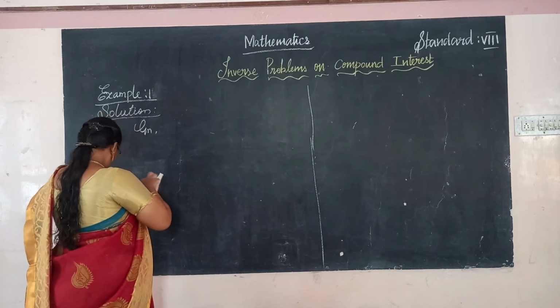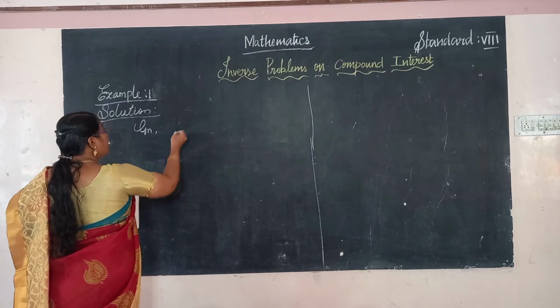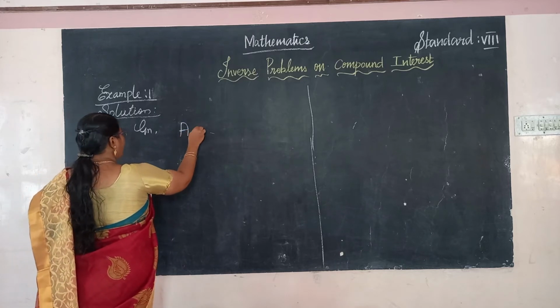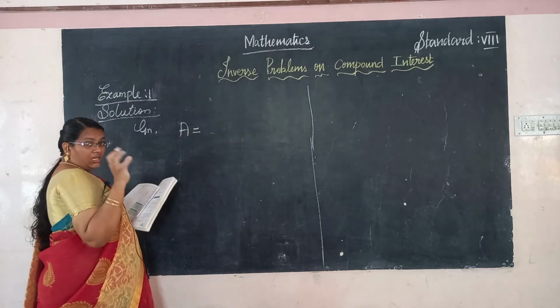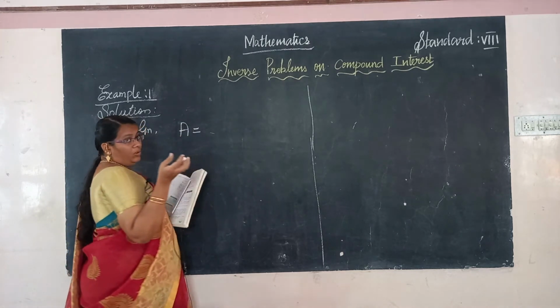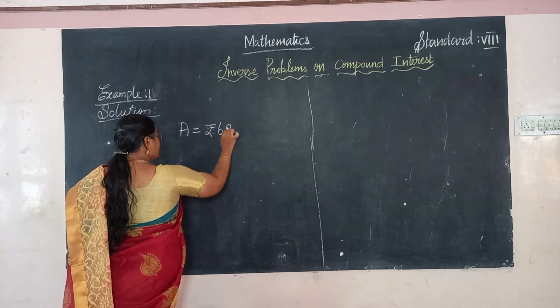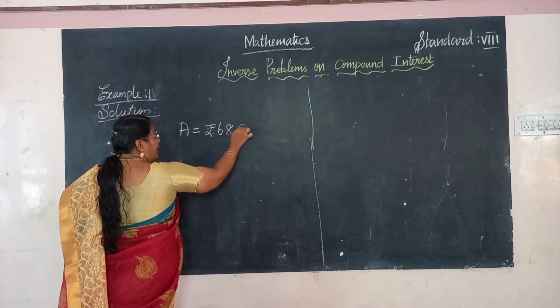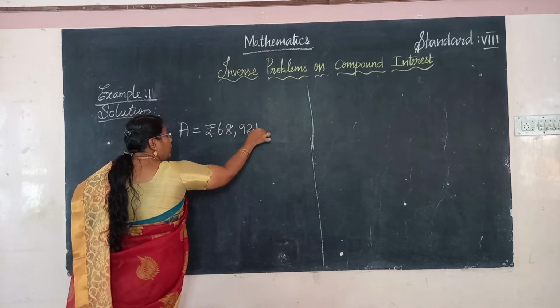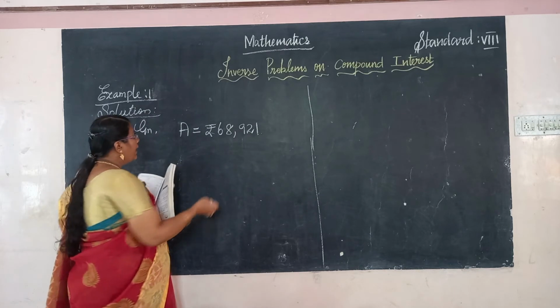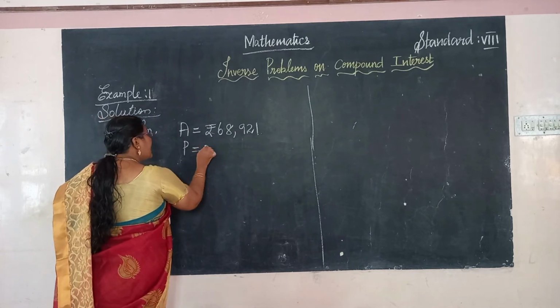So what data are given? First amount. How many rupees? Compared with principal, the amount is the greatest one. What is that value? Rupees 68,921. Principal amount, what is that?